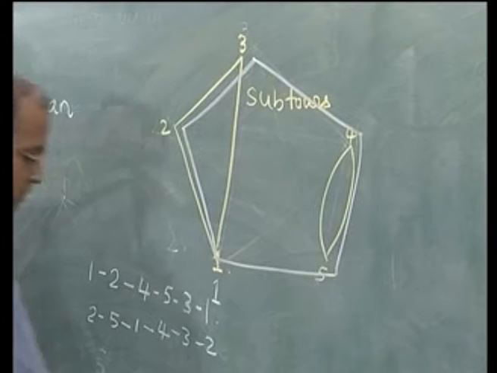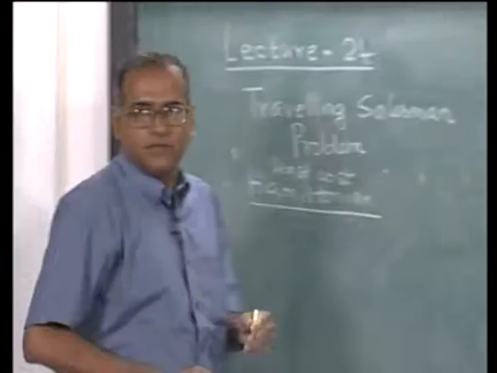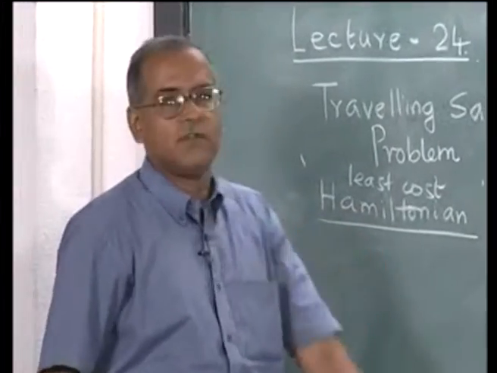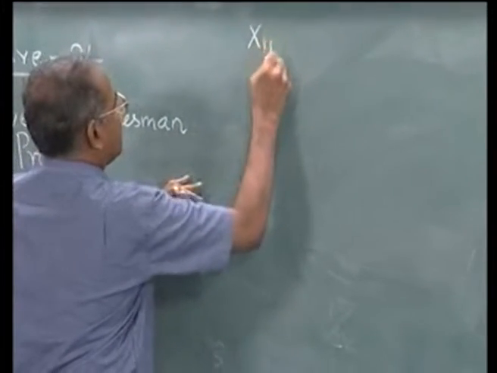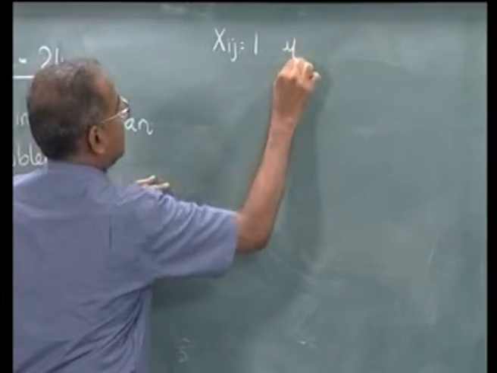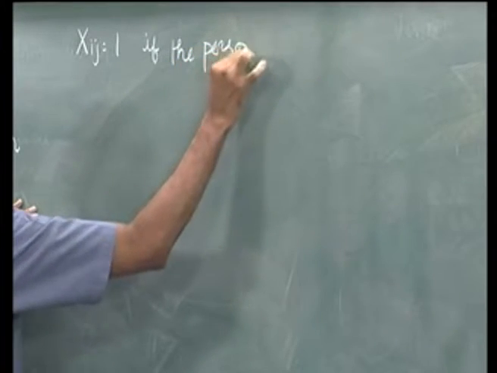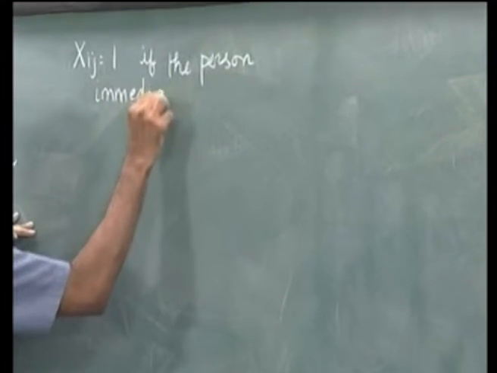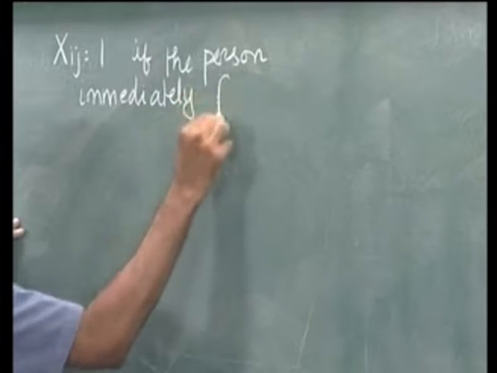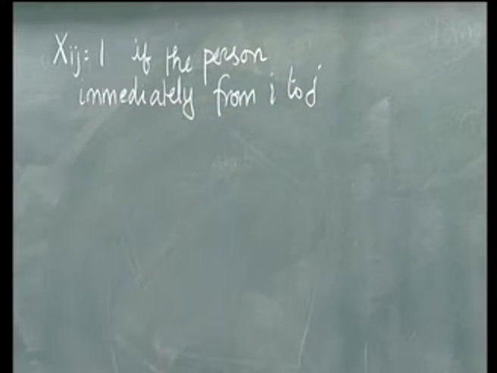So, before we get into solving the travelling salesman problem, let us first try and formulate the TSP. Very quickly we look at two types of formulations of a TSP. Now, one is we define Xij equal to 1 if the person goes immediately from i to j.